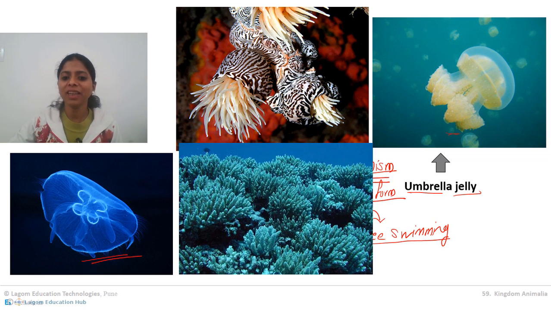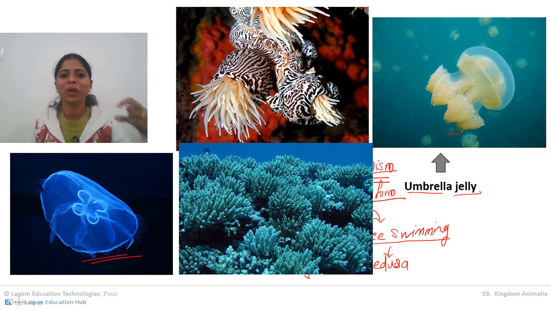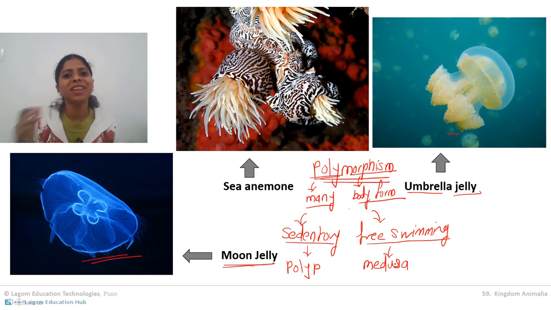The sedentary body form, that is corals, is called polyp, while this free living jellyfish is called medusa. Understanding? A single organism looks totally different. One form is the rocky sedentary form, corals, and another form is a freely swimming, beautiful jellyfish.